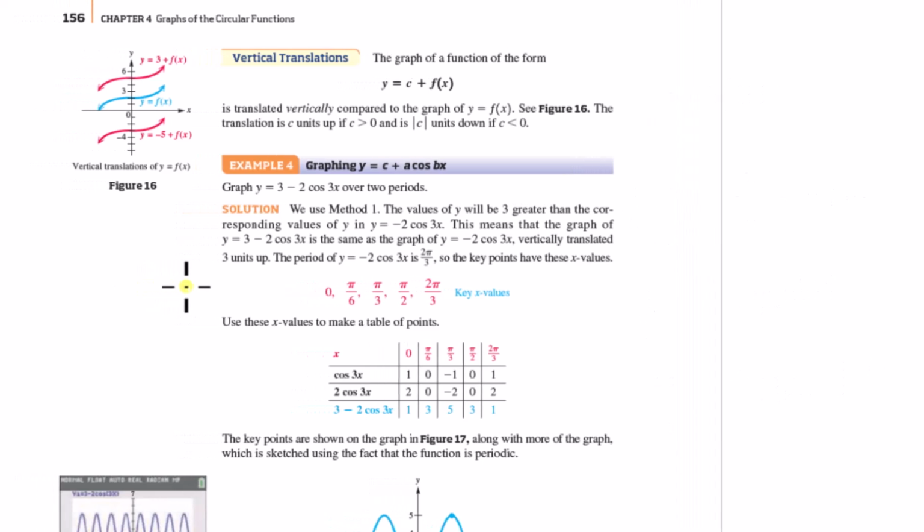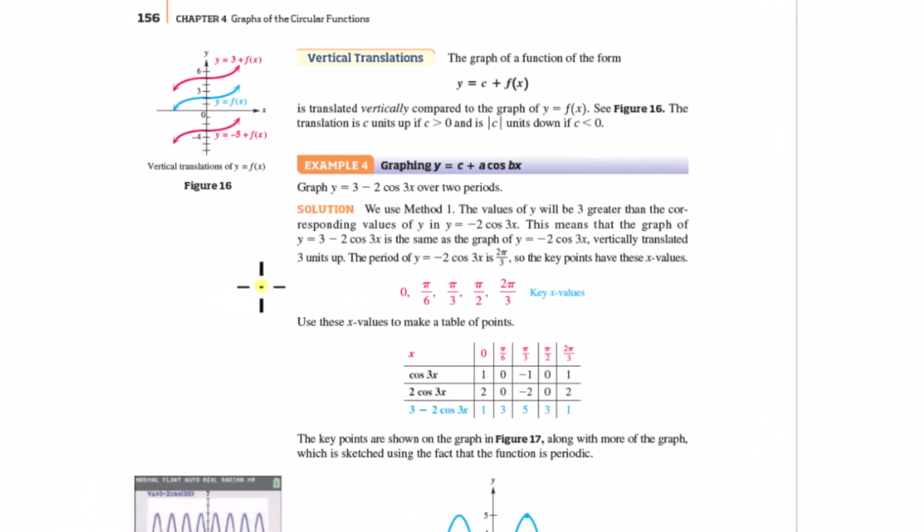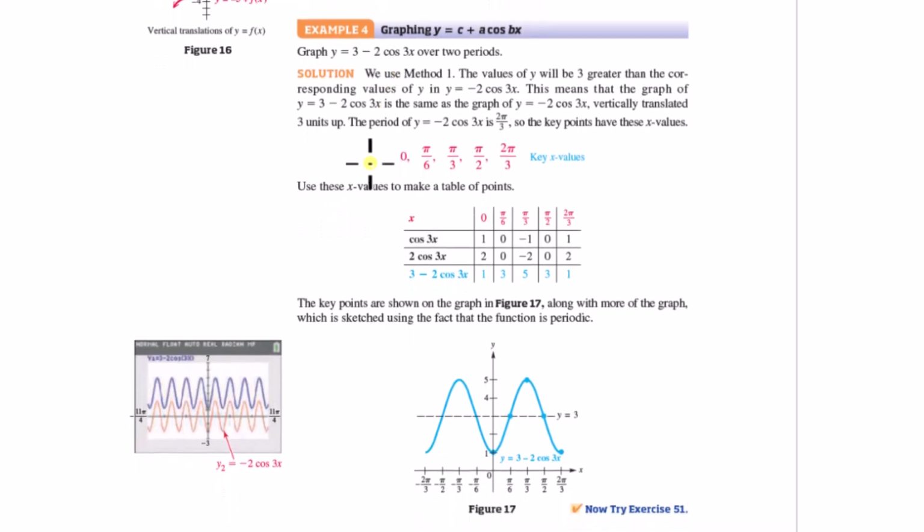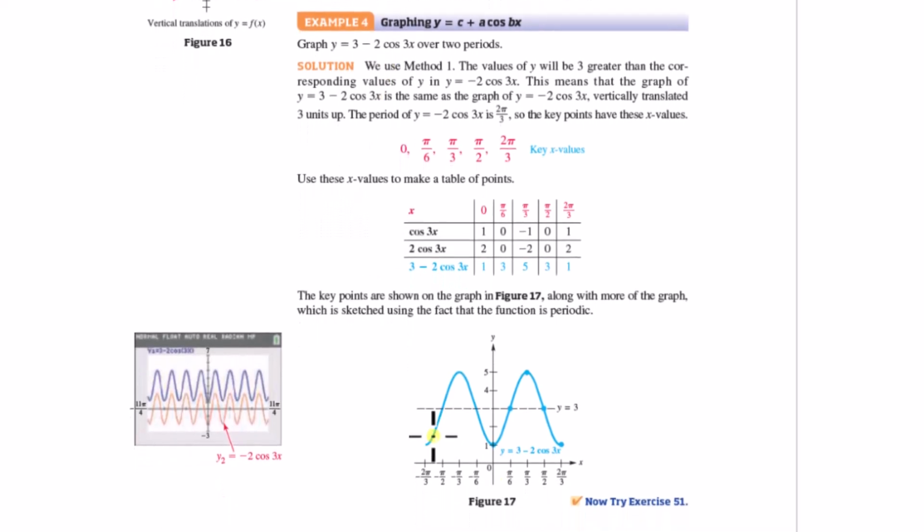Now, if you have a vertical shift, how does that affect the main parameters of the sinusoid? If we look here, this is 3 minus 2 cosine 3x. The period has been scaled down by 3, so it's 2 pi divided by 3.